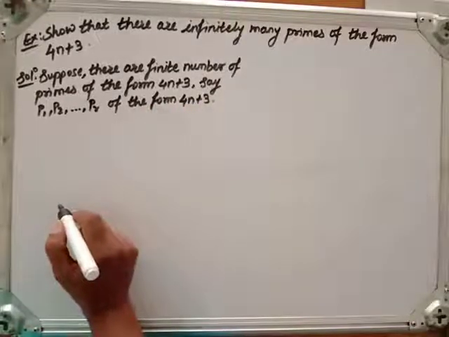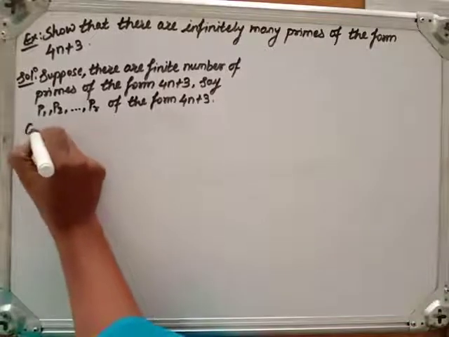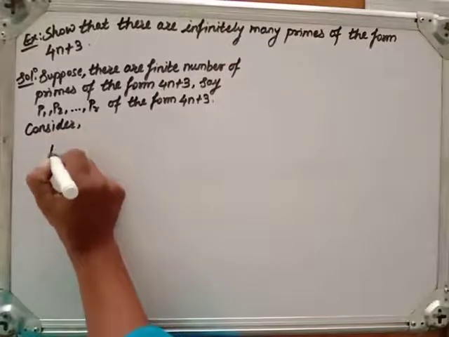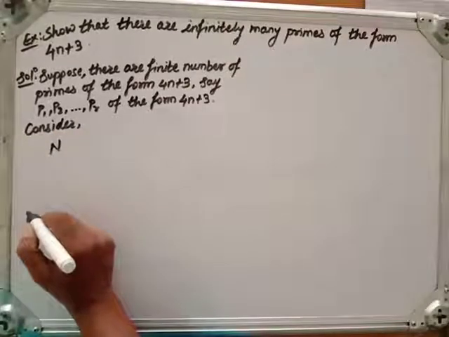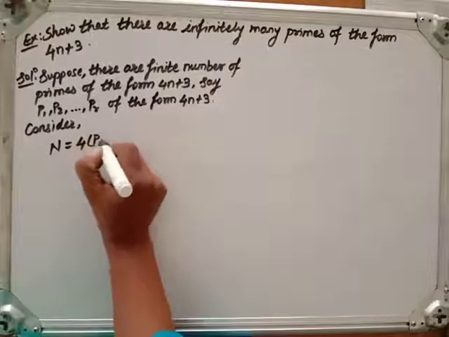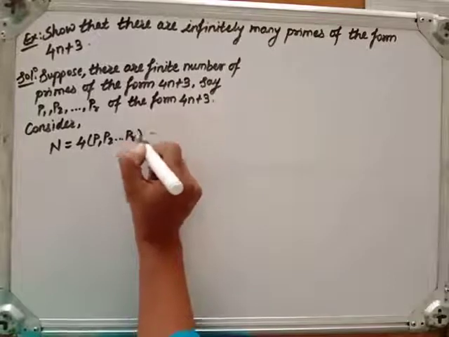Finite number of primes of this form. Fine. Now consider a number n, it will be of the form 4p1p2...pr minus 1.